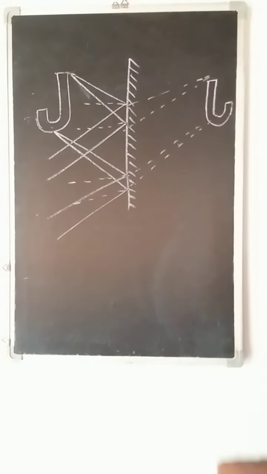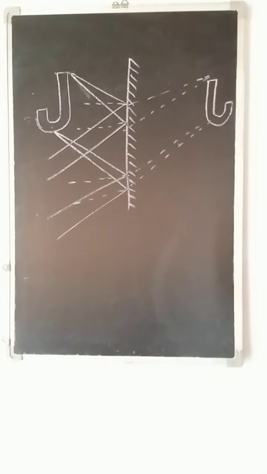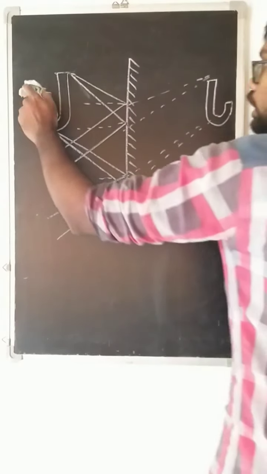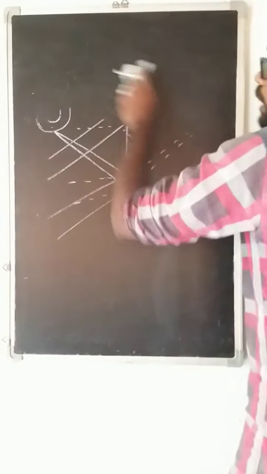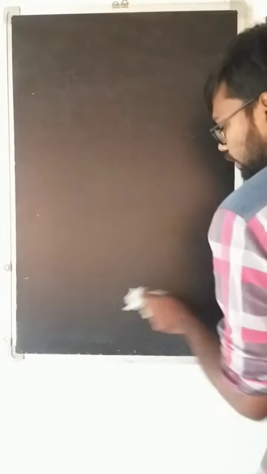Okay, now we have one more activity, number 5, reflection of light by spherical mirrors. If we consider a spherical mirror, how will images be formed? Before going to that, we need to learn about principal axis, pole, focal length, radius of curvature, center of curvature, all this.